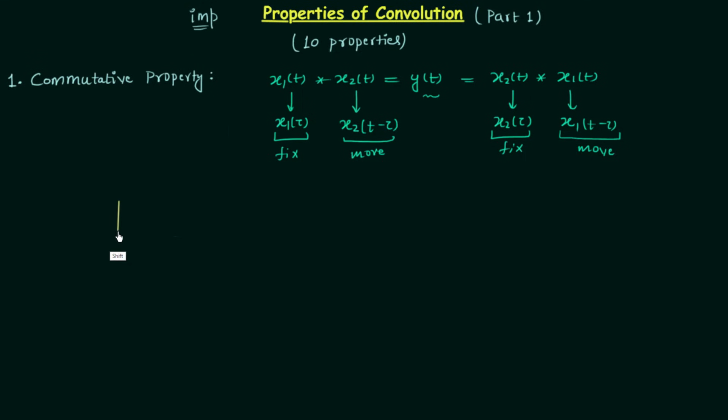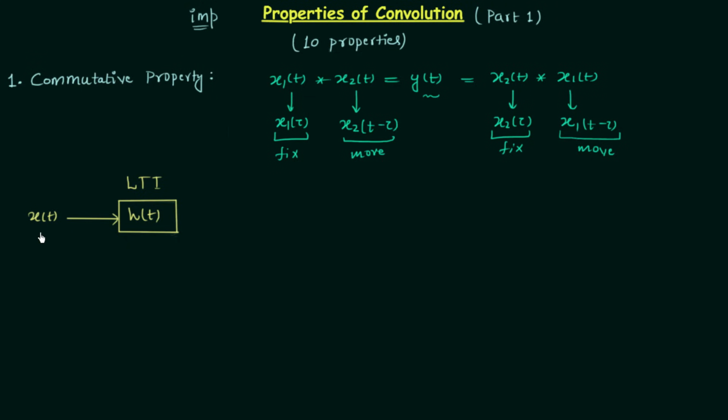So let's take one system, and the impulse response of the system is given. Let's say the impulse response is h(t), and we already know impulse response is used to define the linear time invariant systems. So we have one LTI system whose impulse response is h(t), and the input to this system is x(t).